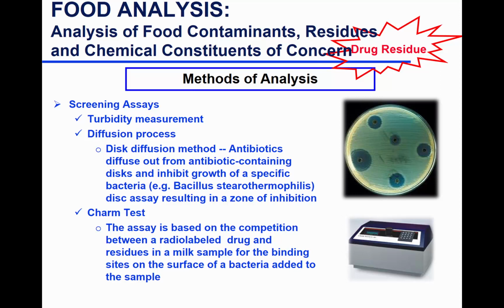So then there will be competition. So the radio-labeled drug and the antibiotics that you probably present in your sample will compete to bind to the bacteria. So if you have antibiotics present in your milk sample, you have less radiography reading. So you will have less reading, basically. If you don't have antibiotics in the sample, your labeled drug will bind to the surface of bacteria and you have higher measurement.